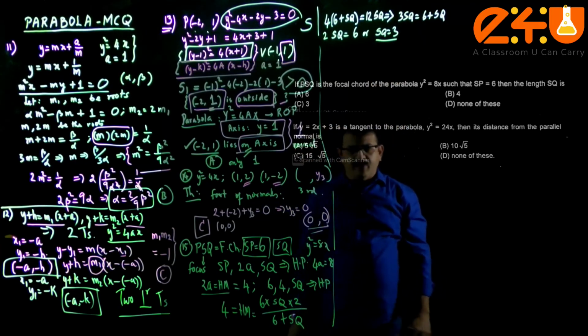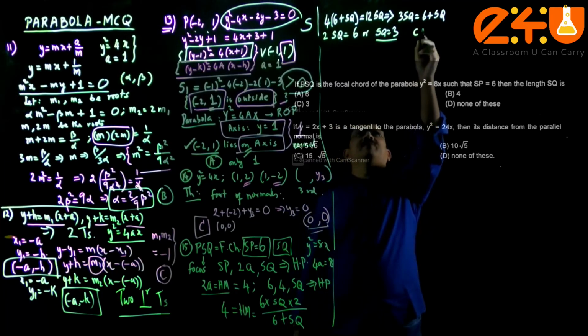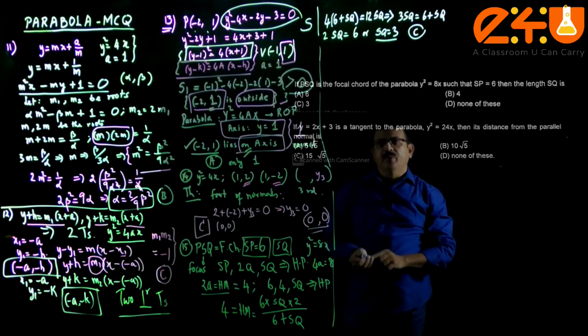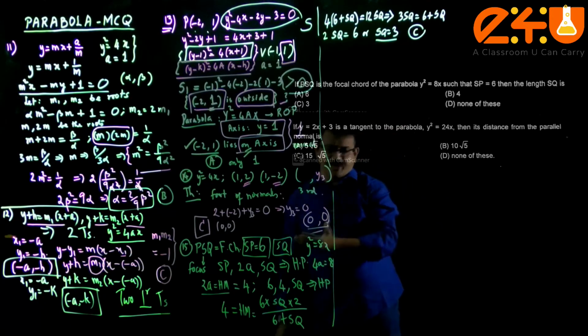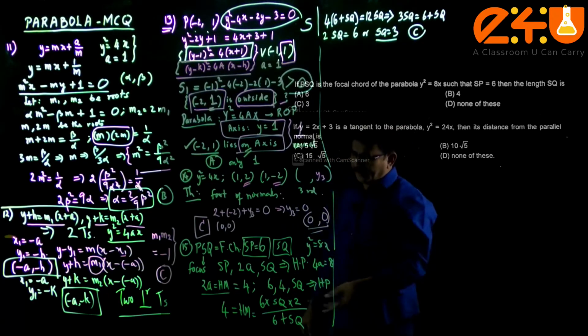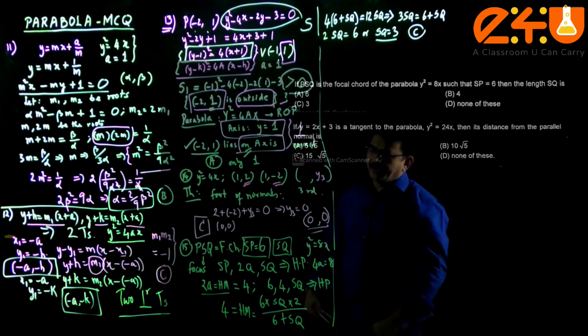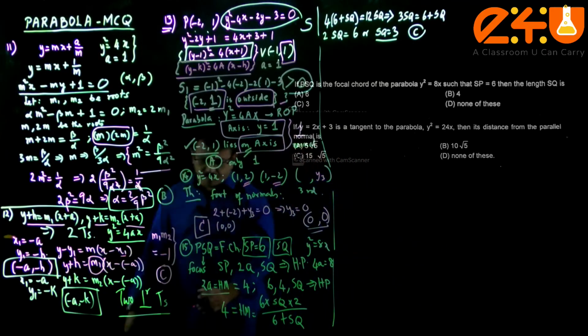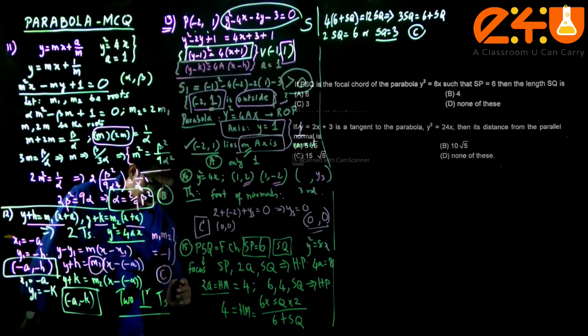SQ is 3. What is the option? Option C. So this is not a question where you have to study from the options. You have to solve, you have to know this property. Okay. So if you want, I can maybe draw a diagram also for you, to remind you of the property. Focus is S, one end is P, one end is Q.